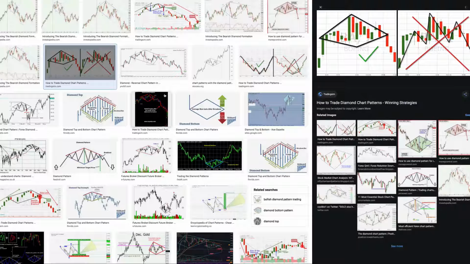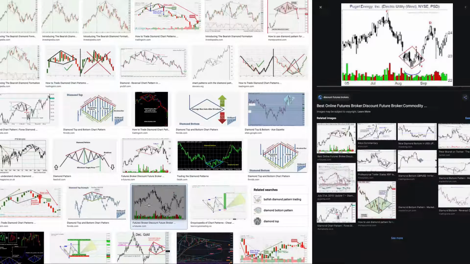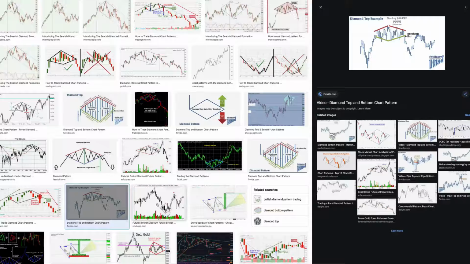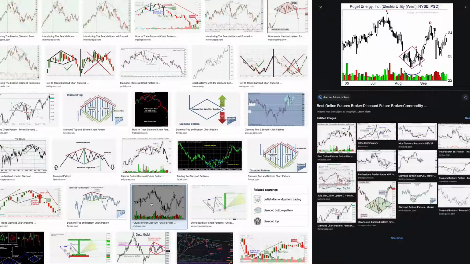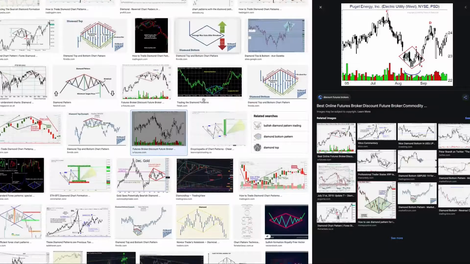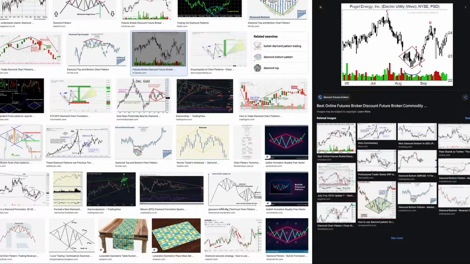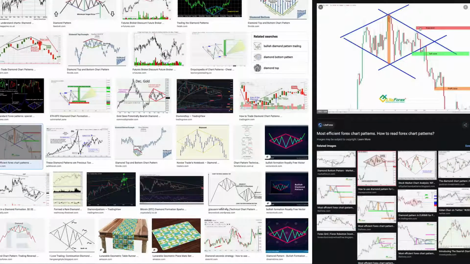So again, not the nicest, not the prettiest formation. Sometimes they are very pretty, right? Like this one's very pretty, right? This one would be kind of pretty as well. Not too pretty. Doesn't have the perfect structure, right?